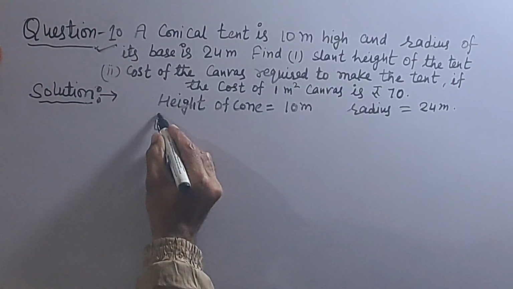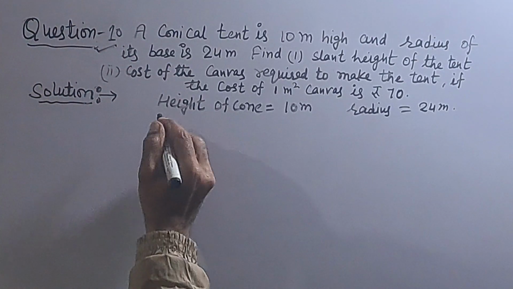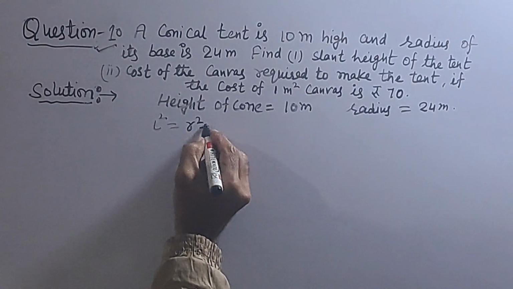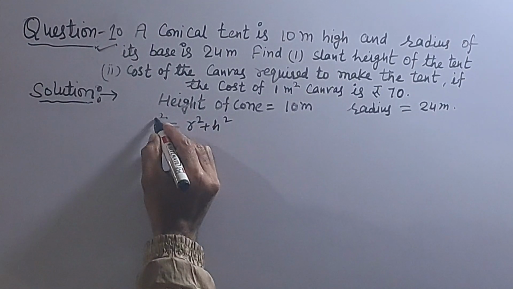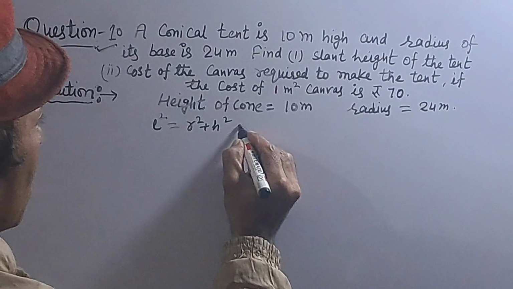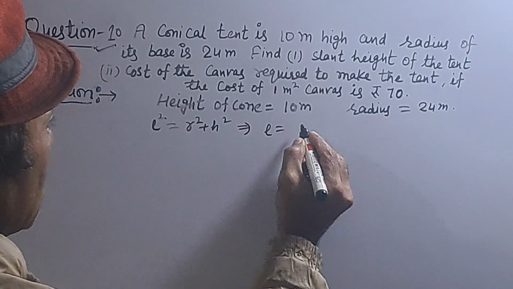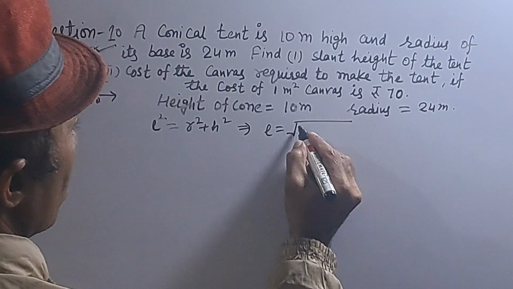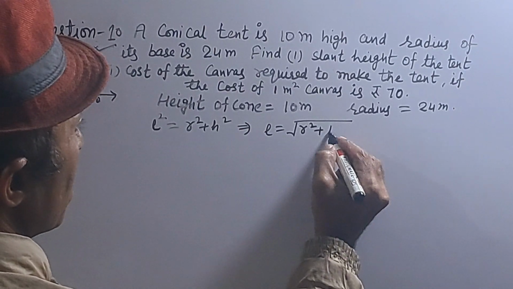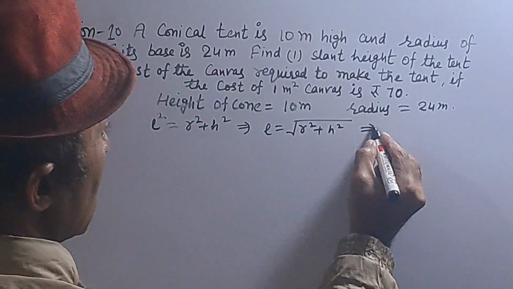So, slant height is L. L square is equal to R square plus H square, which implies L is equal to under root of R square plus H square.